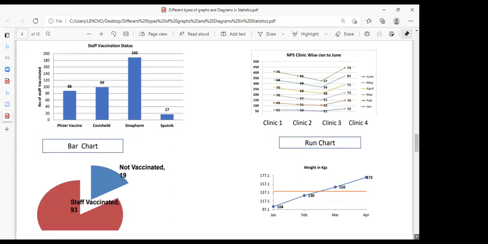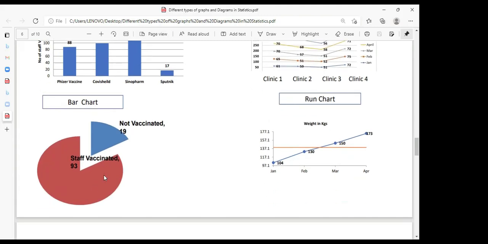Moving down is the pie chart. In this example I have given you all the staff vaccinated versus not vaccinated. I guess the number is wrong for the not vaccinated. So basically it differentiates between the two.